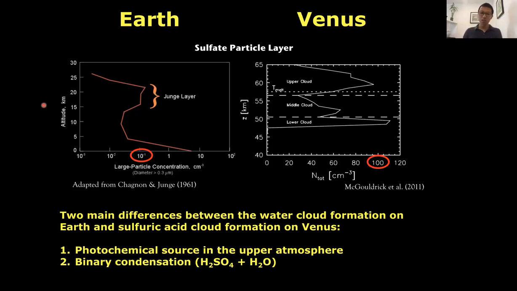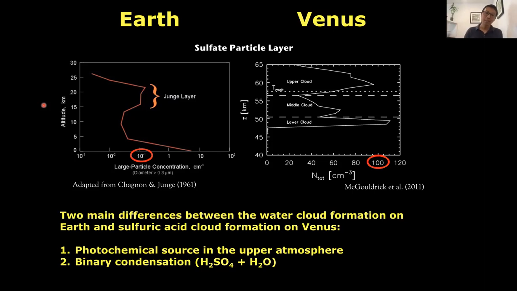But on Venus, as I'm going to show you in the sulfur cycle, the sulfuric acid forms in the upper atmosphere, above the clouds, and then they form clouds there, and cloud droplets sink down. This is only part of the story. You also get water condensation from the bottom of Venus. So Venus is actually pretty complicated.